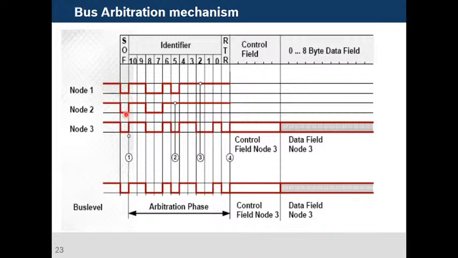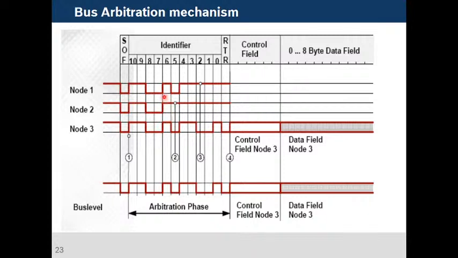Start of the frame will be common, so the bus level will be the same. Then, as already mentioned, these are all recessive bits. All three nodes have two recessive bits and two dominant bits, and again the sixth bit is recessive here, here, and here.